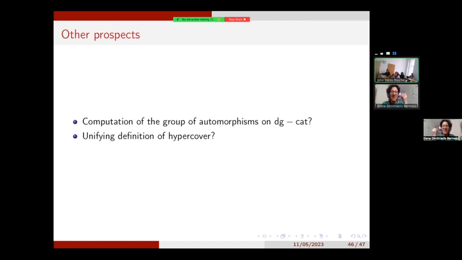So I can't help but wonder, is there a unifying definition of hypercover? Can we find a definition of epimorphism that lets us define hypercover in a general sense that encompasses all of these? So this is less an idea and more of a thought, I guess. But that is something I have been thinking about and I wanted to share.